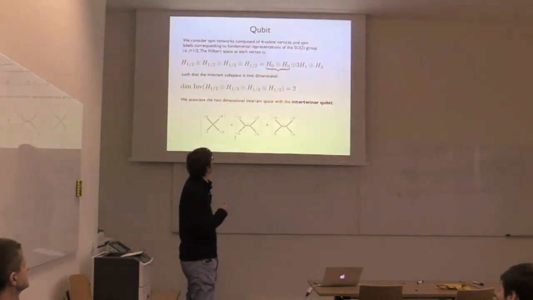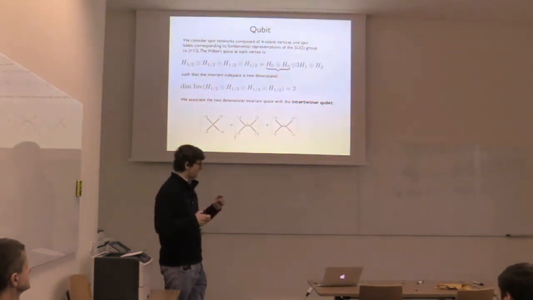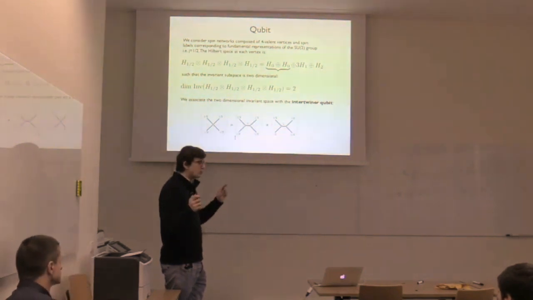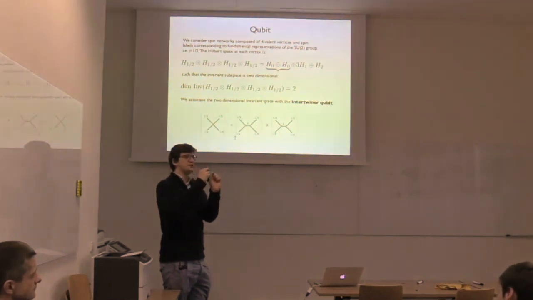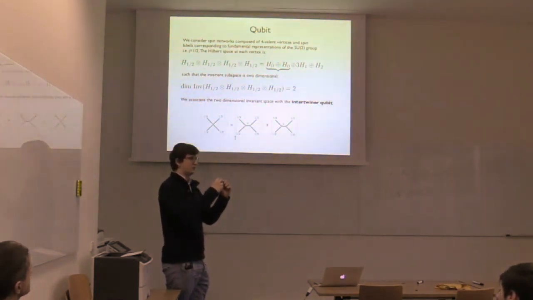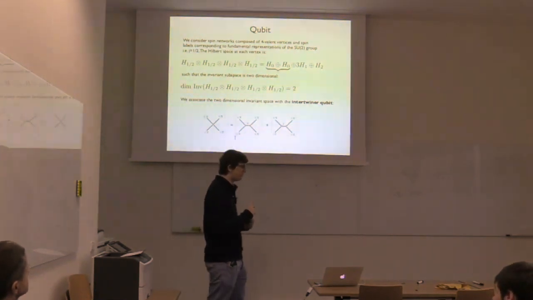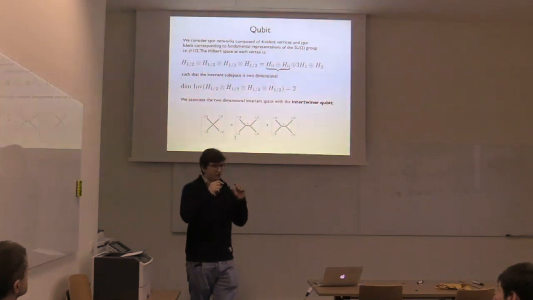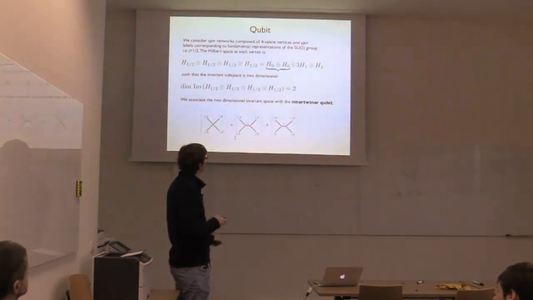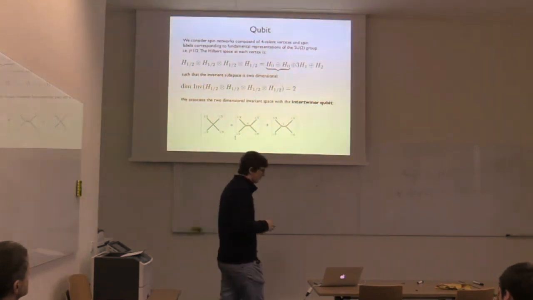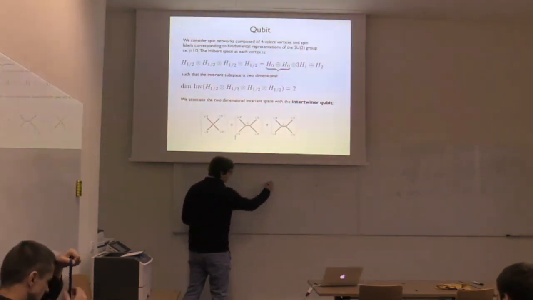And then, how to introduce a qubit based on that? Namely, as I told you, when we consider a node, the Hilbert space at the node is a product of the Hilbert spaces associated with the links. If you have a 4-valent node, 4 Hilbert spaces meet at the node. And there's a special case when all the spin labels are equal to 1/2.